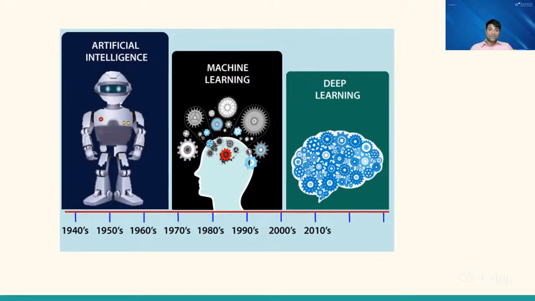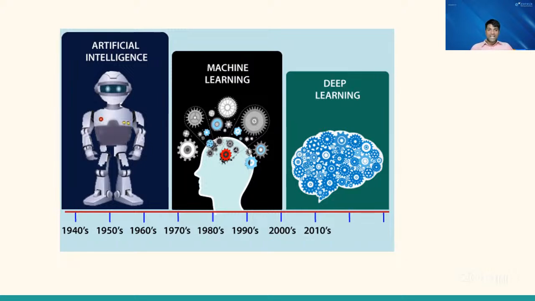That's where the concept of big data came into the picture. What deep learning does is use neural networks. We are going to cover some concepts of deep learning also, because applied machine learning also includes concepts like NLP, natural language processing, and deep learning as well.